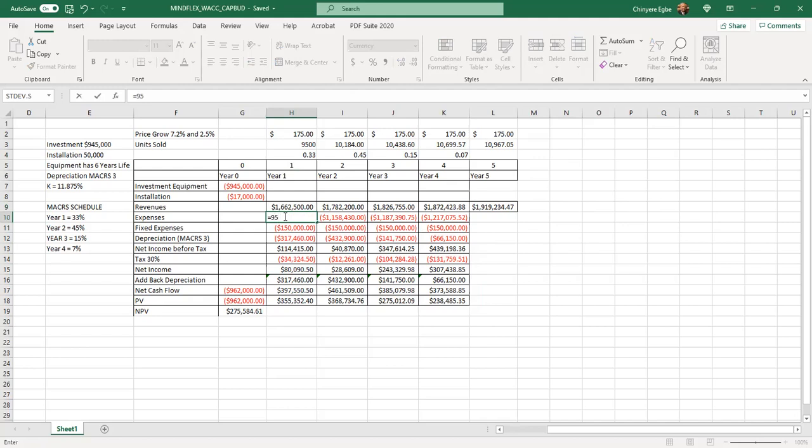So let's create a line here for expenses.